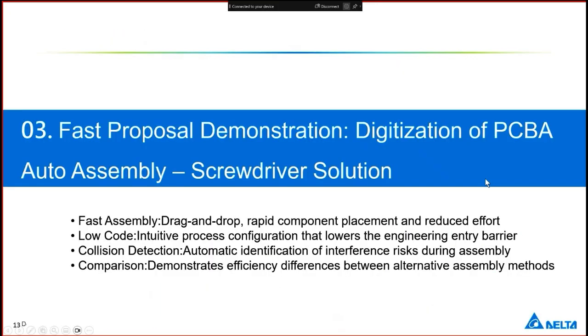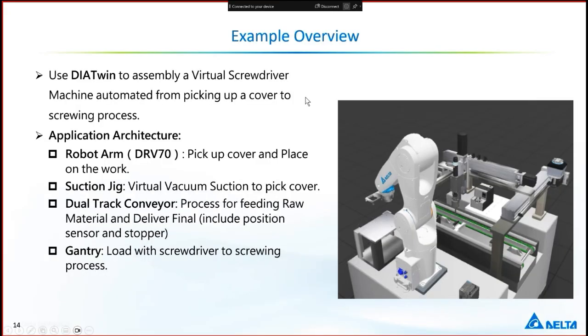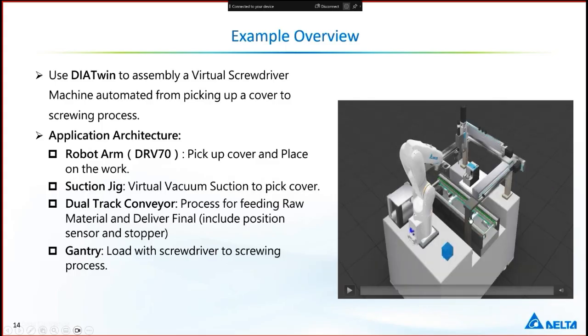So this is a demo for the screwdriver solution. In this example, we have the robot DIATwin at gantry for the screw put in place at the screwing process. Then the dual track conveyor sends the material to screwing. Suction pad is the one to pick the cover to the material. So here's a video to show the material sent to the conveyor until a sensor stops the conveyor.